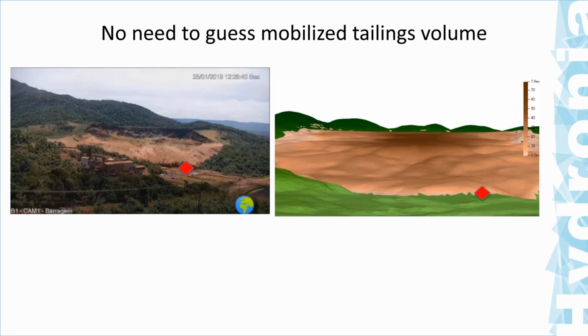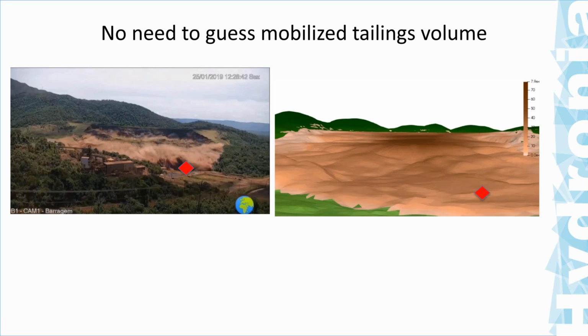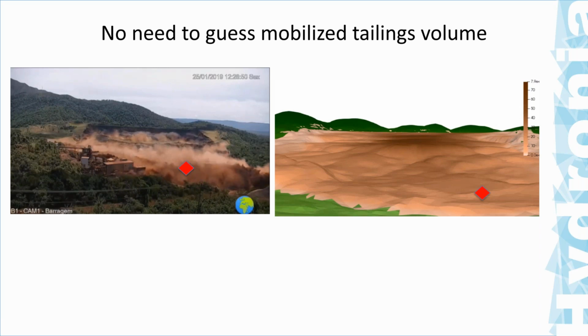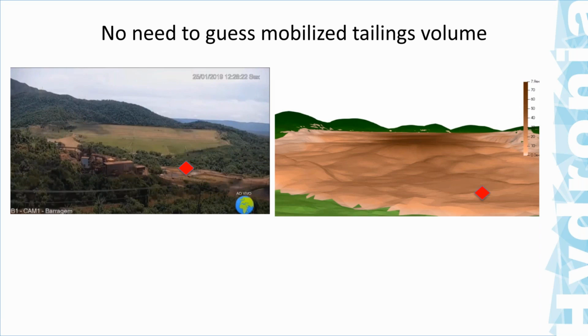One of the interesting things that we did here is that we let the model tell us how much sediment was mobilized. We didn't impose that as a condition or even base it on historic data. We just let the model evolve from the initial conditions in the dam and then assessed the mobilized volume.